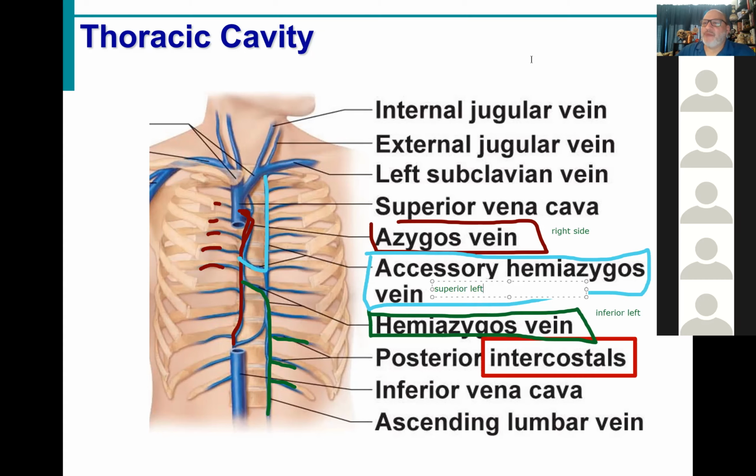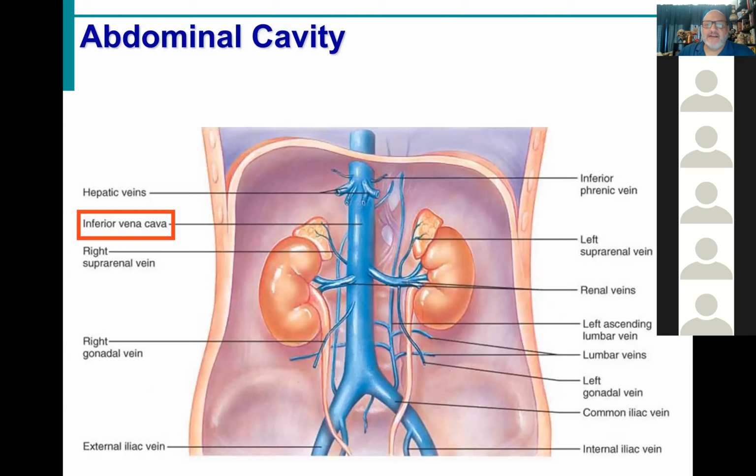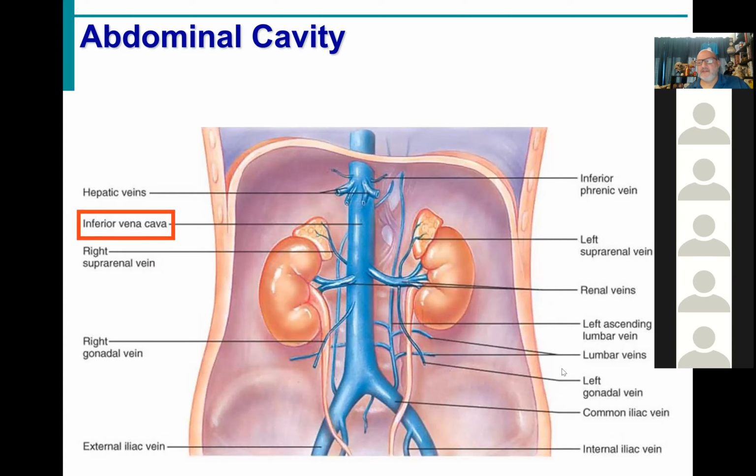Interesting, but not as bad as the head, and also not as bad as the abdominal pelvic cavity. Let's take a look at this and let's draw it again. Let's keep this picture, so let's add a second one.